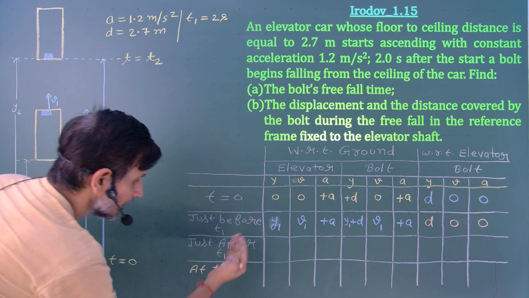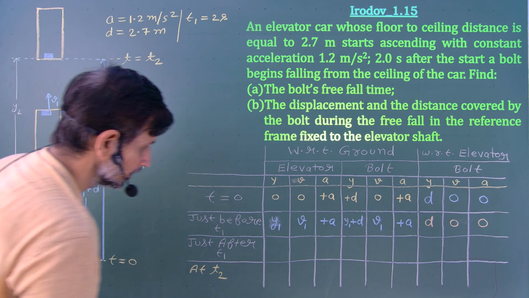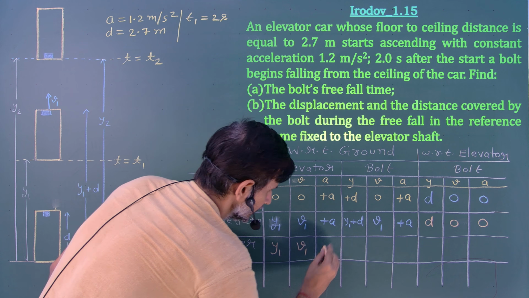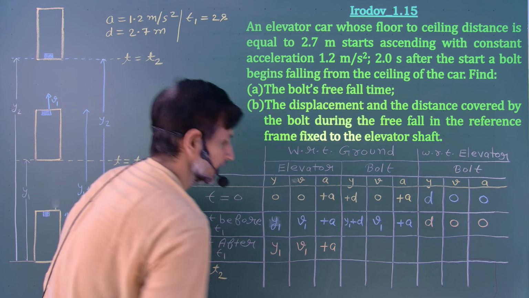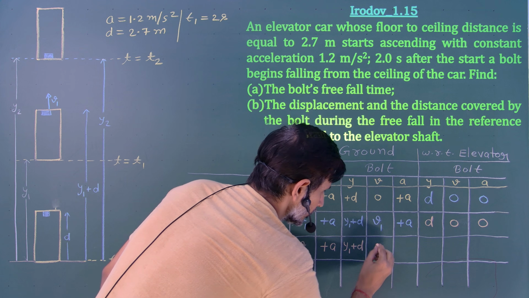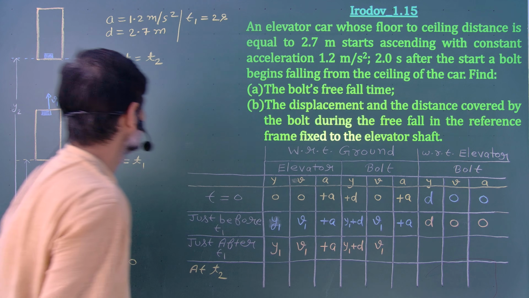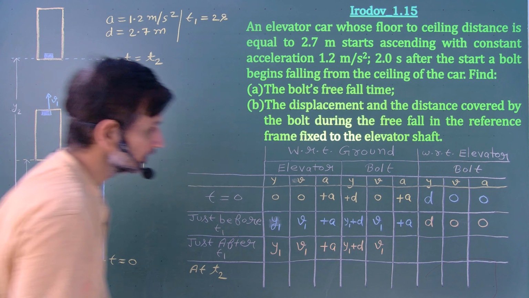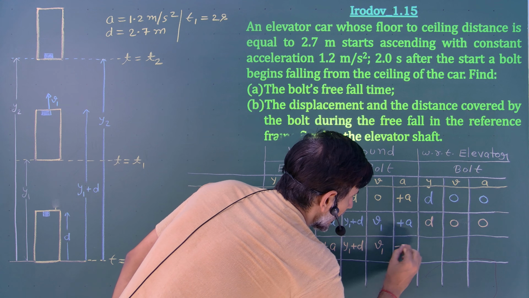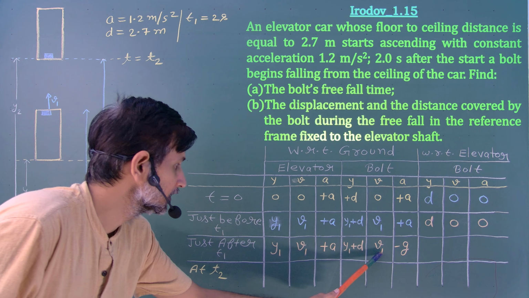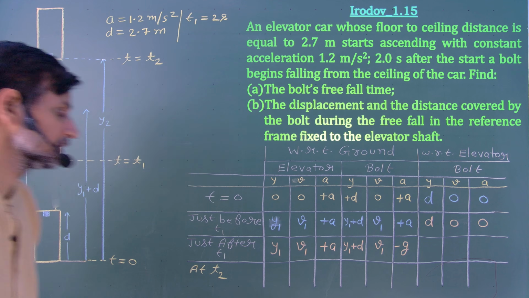What happened just after t1? Just after t1, the elevator position is y1, velocity is v1, acceleration is a. The bolt position is again y1 plus d. Its velocity is v1, but just after detaching from the elevator, the acceleration of this bolt is downward and its value is minus g. So acceleration will change, but velocity will not change instantaneously.